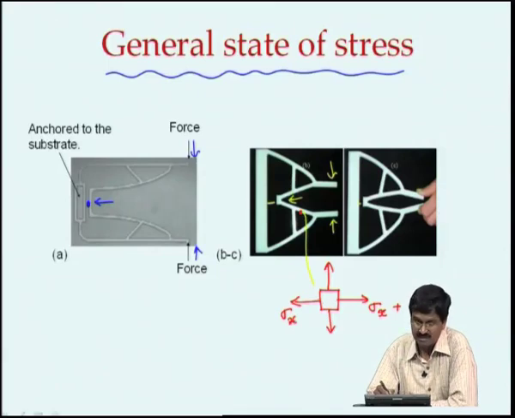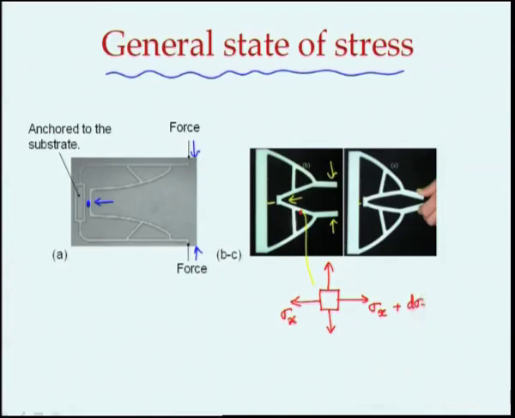At one side if it is sigma x, the other side you say that there is a little bit of variation, which we say d sigma by dx times delta x, where we say the size of this square is delta x that way, and similarly the size of this in that direction is say delta y.